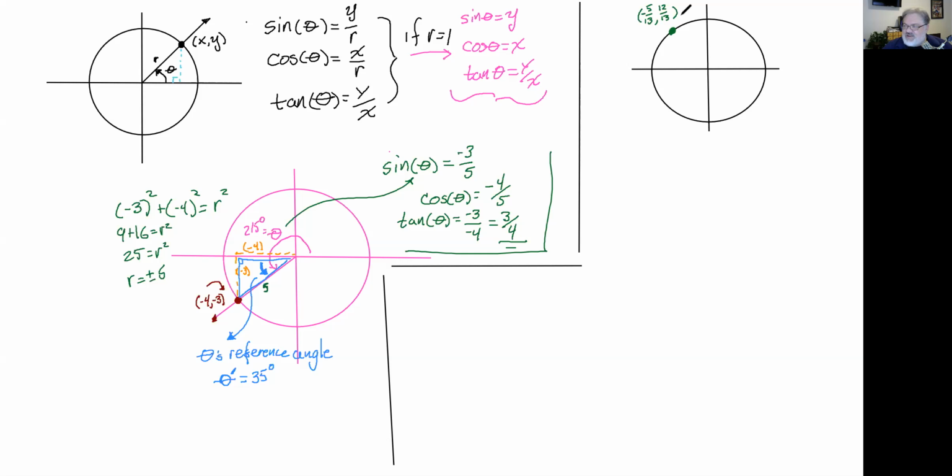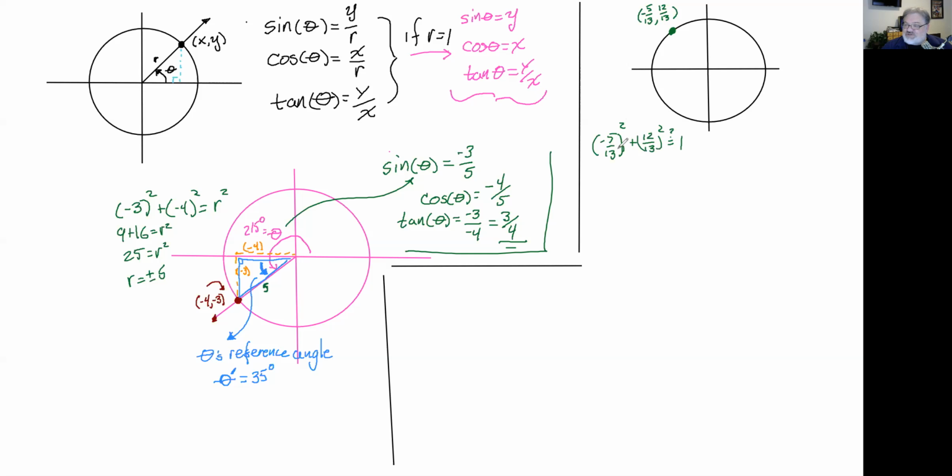So if we put that into the Pythagorean theorem, we should end up showing that the radius is 1. So for it to be on the circle of radius 1, the negative 5/13 squared plus the 12/13 squared had better equal 1.